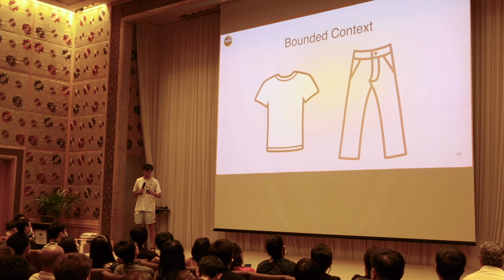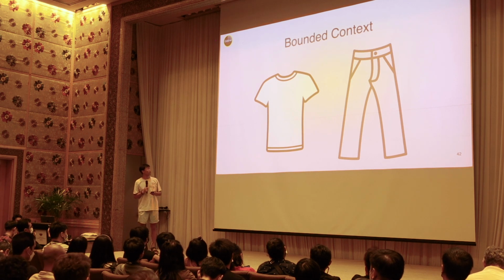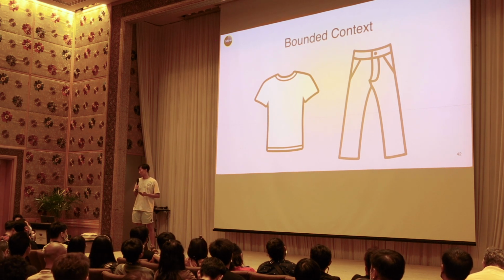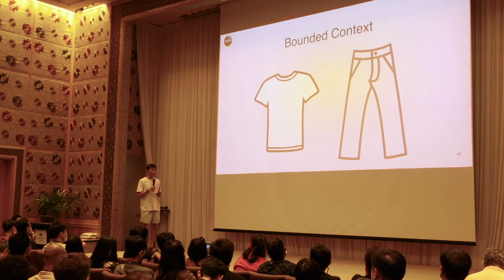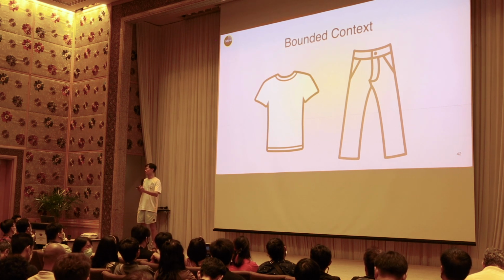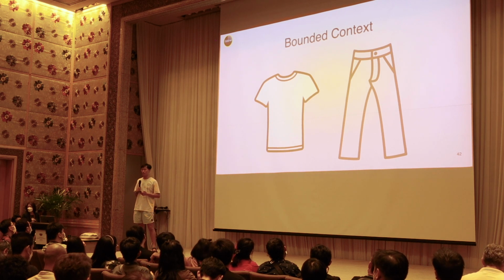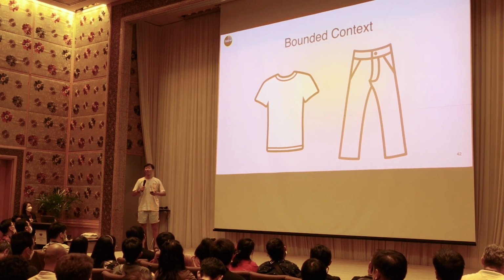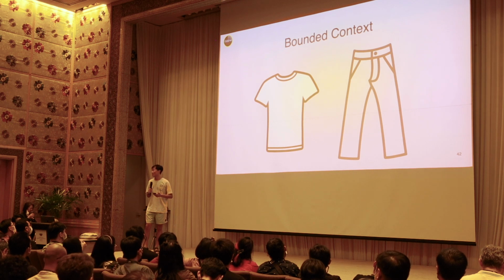Another topic I want to share a little bit is about the bounded context. This is too big to ignore. I'm not the right person to explain this, so I'm going to make a few metaphors. I'm talking about clothing here. When we go shopping, mostly our clothes are divided into, you can simply say, shirts or pants.